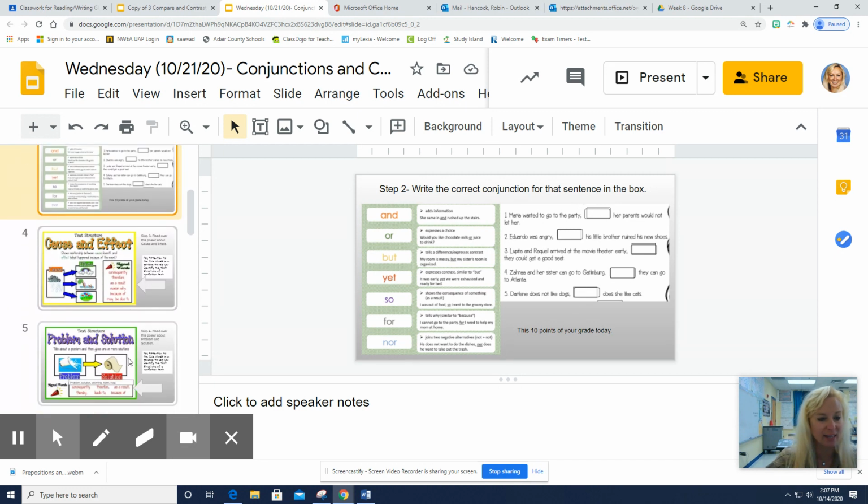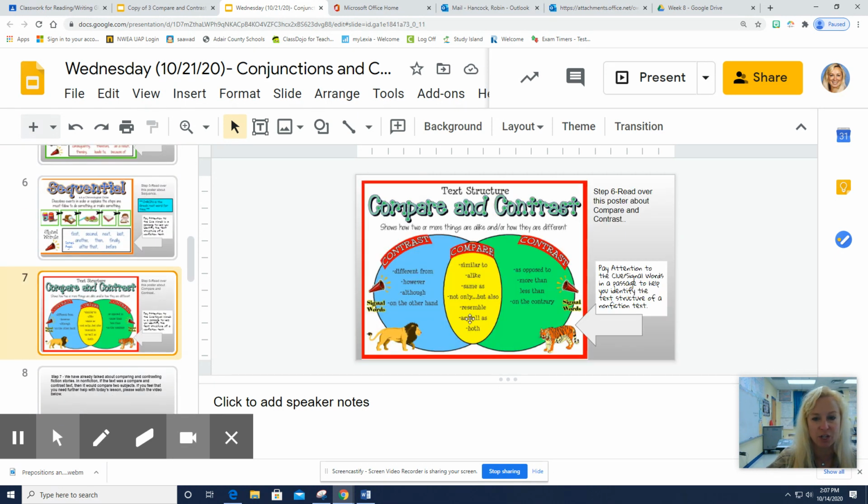Okay, now let's talk about compare and contrast. We have talked about compare and contrast in class. We've been talking about fiction. In fiction, we were comparing two characters, whether they were alike or different, and plots, whether the events of the story were alike or different. In nonfiction, if the text structure is compare and contrast, you're going to be comparing two subjects.